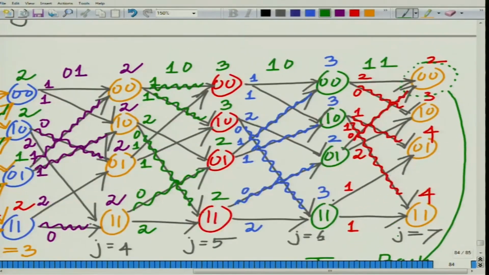To trace back the minimum distance path, all I have to do is trace back these minimum distance branches.